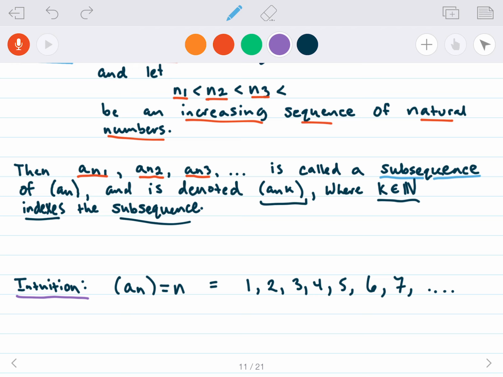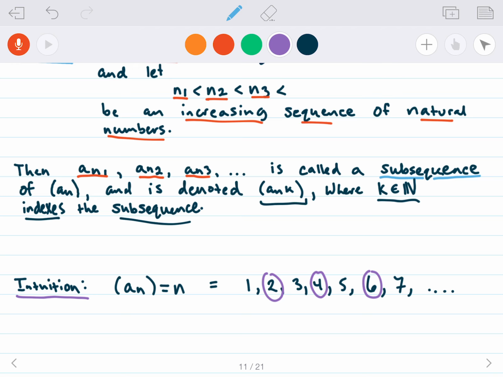We don't know where. You can start anywhere you want in the sequence. What if I wanted to just illustrate plucking out the even numbers as a subsequence? So if I wanted 2, 4, 6, 8, 10, 12, what if I wanted that to be my subsequence?